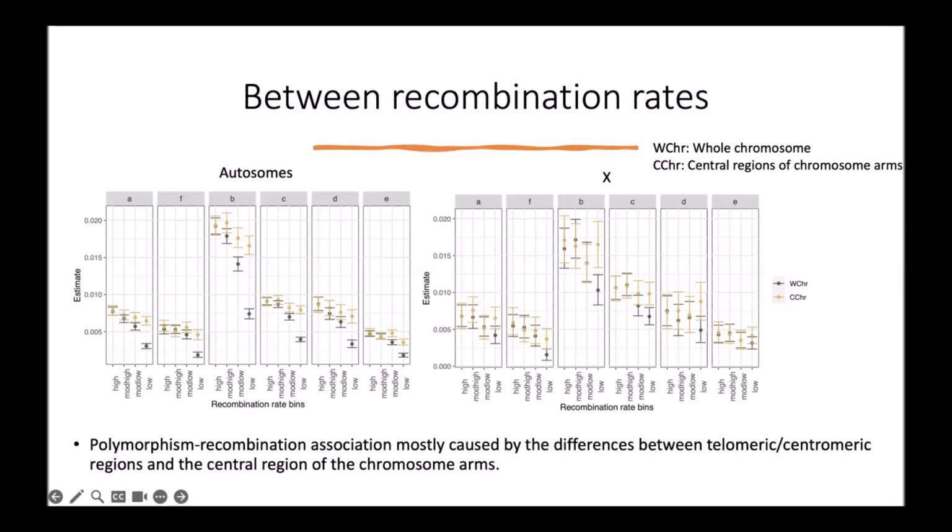This has been known before, but it points out that most of the association between polymorphism and recombination is caused by the differences between telomeric, centromeric, and the central regions. So how much of this association is caused by GC-biased gene conversion and linked selection?